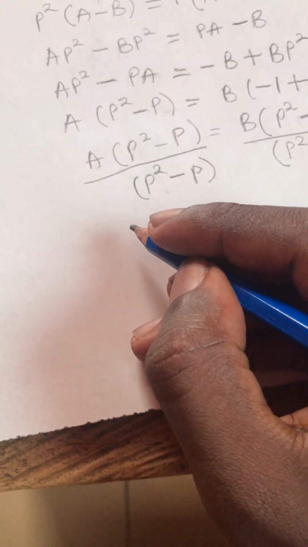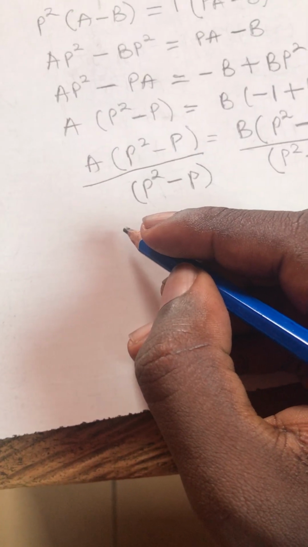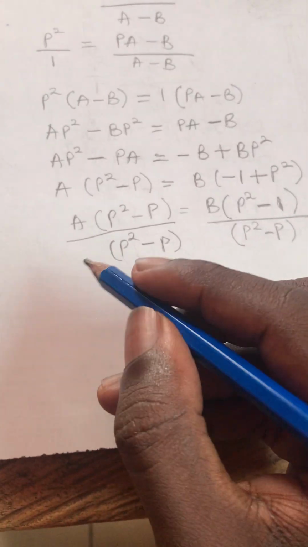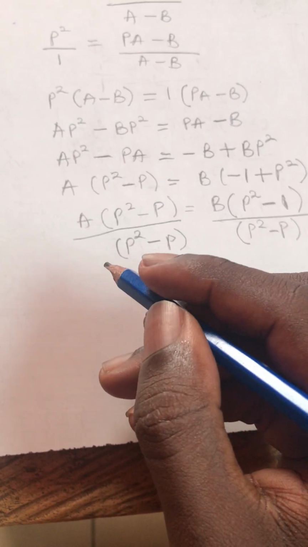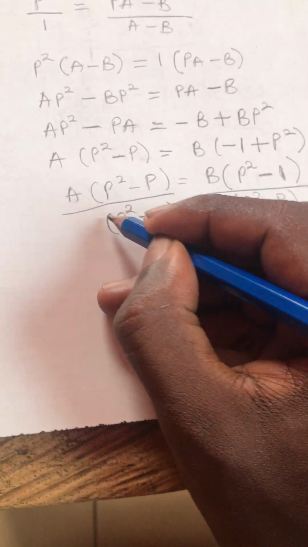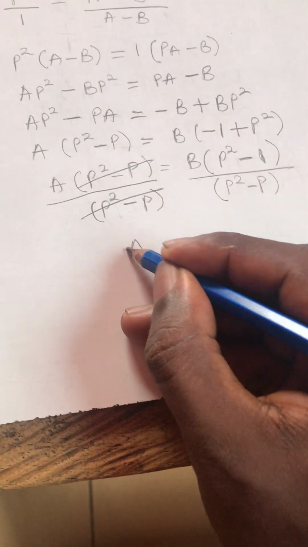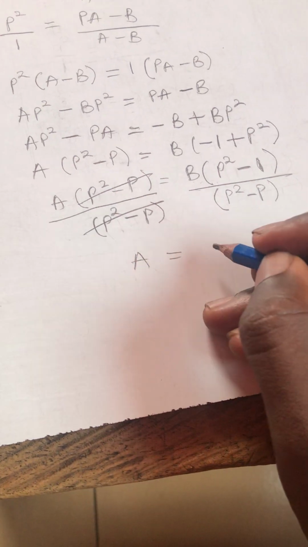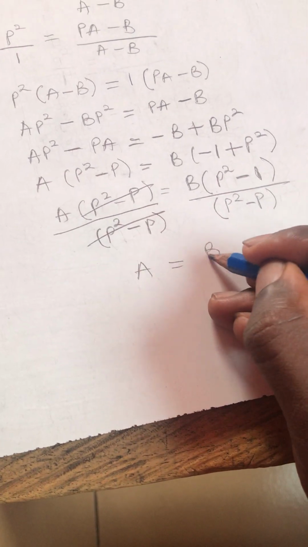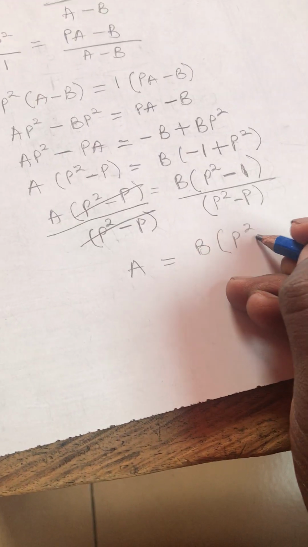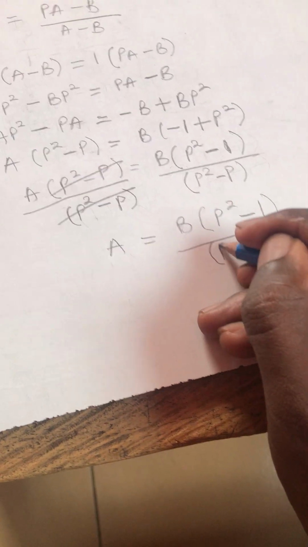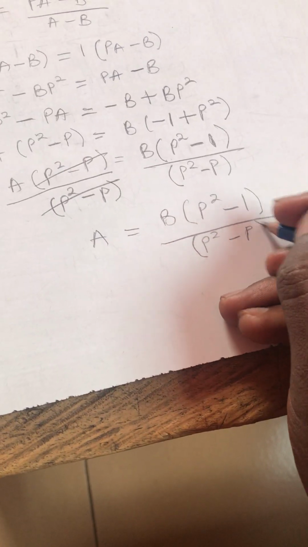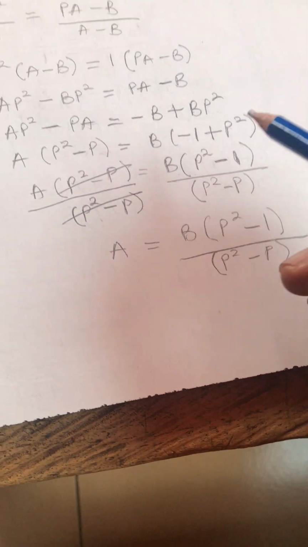So therefore our new equation that makes A the subject of the relation is A equals the fraction B multiplying P squared minus 1 all over P squared minus P. That's our final answer, right?